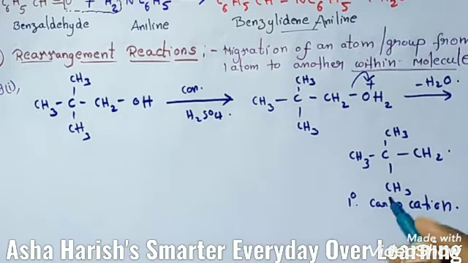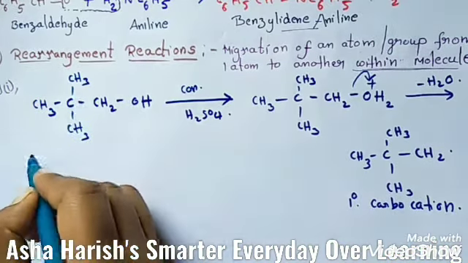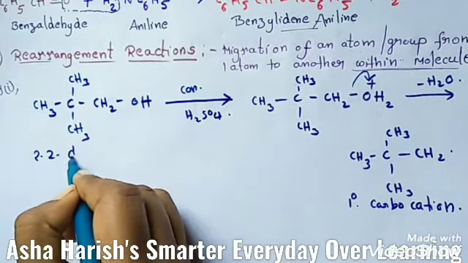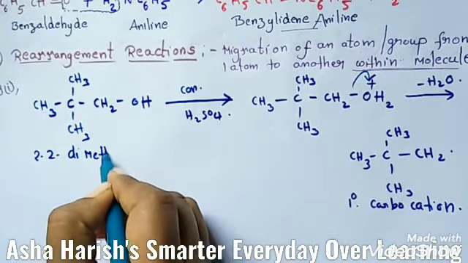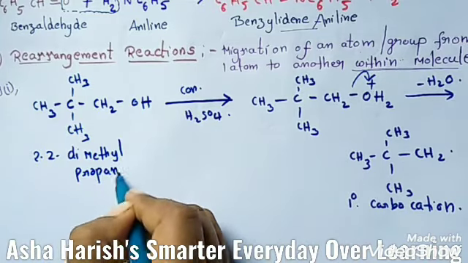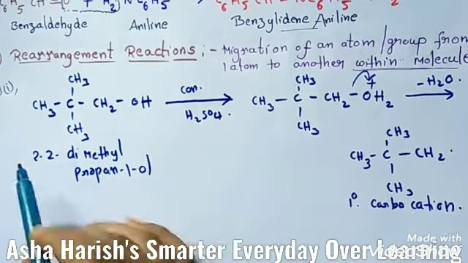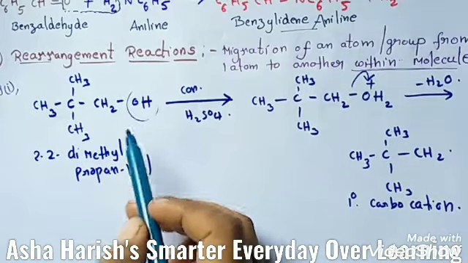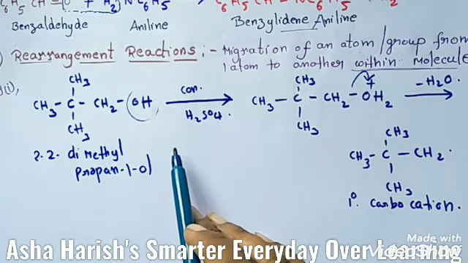And the name of this compound is 2,2-dimethylpropan-1-ol. At this first carbon, the alcohol group is located.